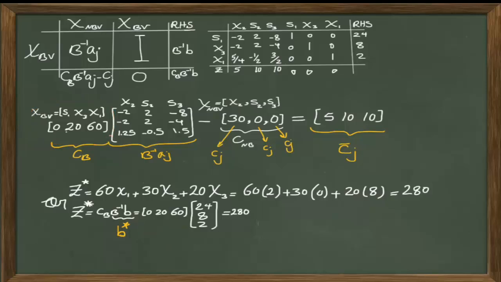So if I multiply these two, I get 280, and as you see, both give you the same value for objective function. So these are alternative methods for calculation of objective function. Now you can copy the value of objective function in the table, and your final simplex table is complete.